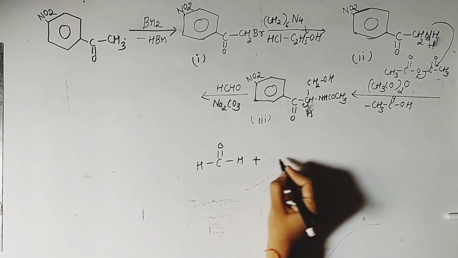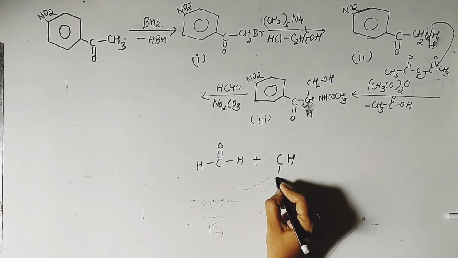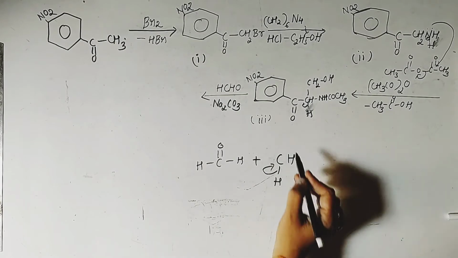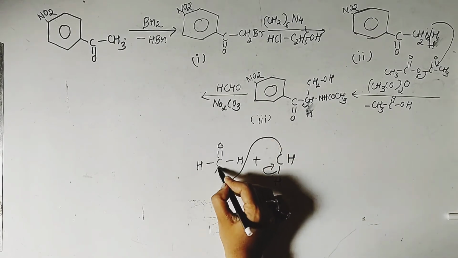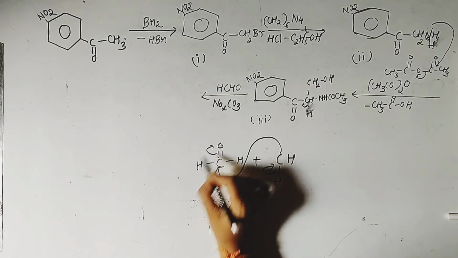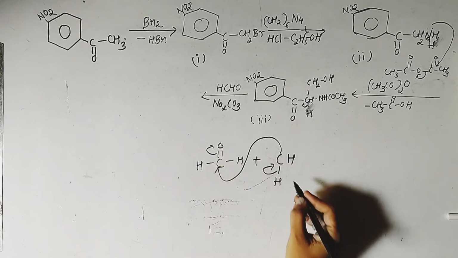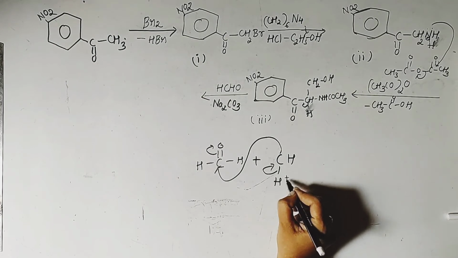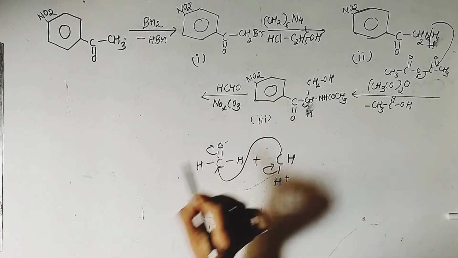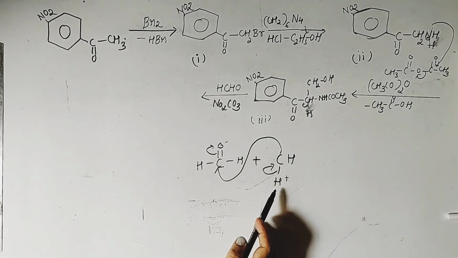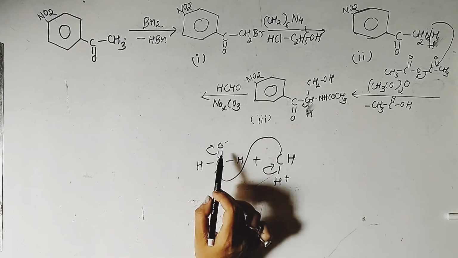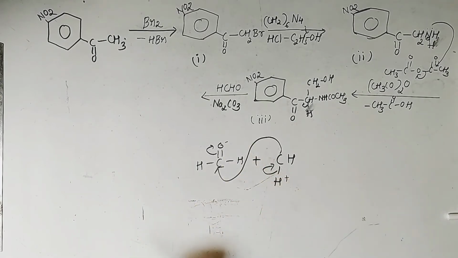What is the reaction? This is our hydrogen and it will give its electron to the carbon. This carbon will attack this carbonyl carbon, and this pi bond will break and the electrons will move towards the oxygen. Here our hydrogen is there which is carrying the positive charge, and now this oxygen is carrying the negative charge, and this hydrogen comes and binds to this oxygen, and this becomes CH2OH.